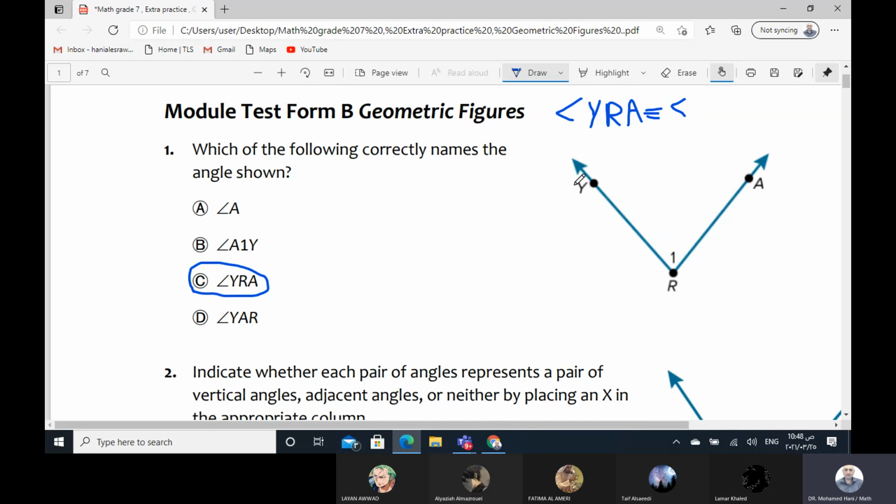We can use YRA or ARY, using the capital letters, and we can use R, the vertex, and we can use the name of the angle, angle 1. And remember, this sign means angle.